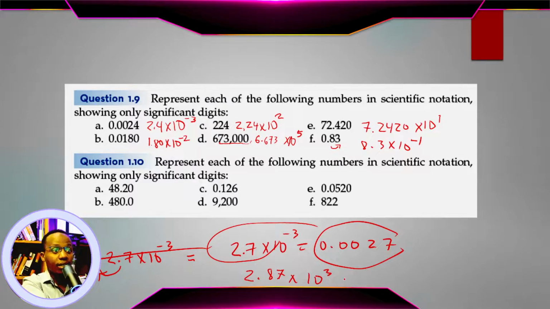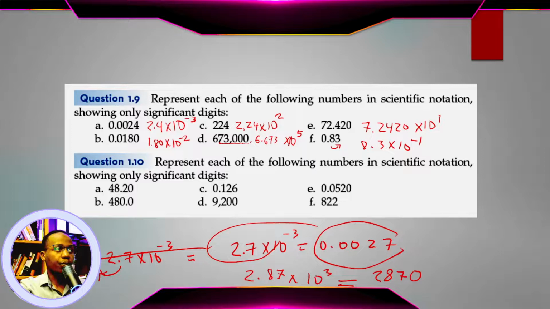It's bigger than 0. So how much bigger? You're going to move 3. If you move 1, it's going to be 8. If you move the second, it's going to be 7. You don't have anything else, so that means that it's going to be 0 here. 2870, right? So 2.87 times 10 to the 3rd is equal to 2870. So you should know how to go back and forth here, all right?